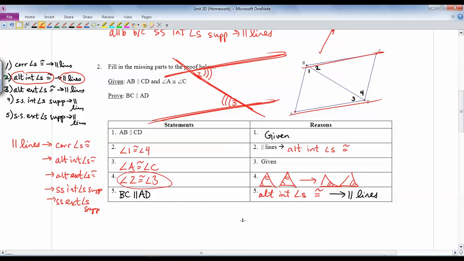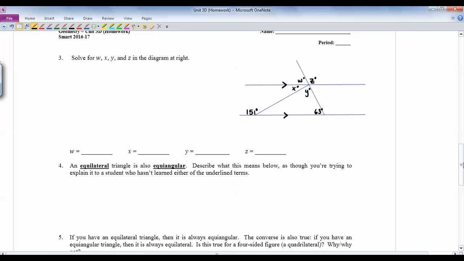Let's go on. So this one, I'm just going to start filling in stuff here. I've got a 151, and the angle next to it has to add up to 180 because this is a straight line. 180 minus 151 is 29. So this angle on the inside here is going to be 29.